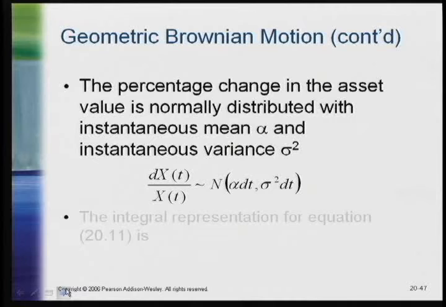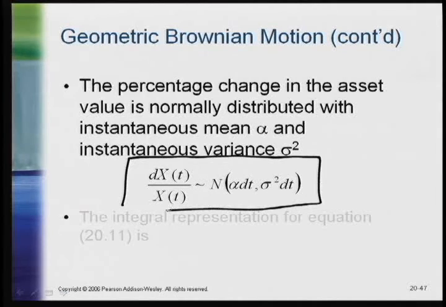Because we know that arithmetic Brownian motion is normally distributed, we can convert that earlier equation to observing that the ratio of dx to x, if we look at the ratio of how much x changed to its starting value at any point in time, is going to be normally distributed, with a mean and a variance that are proportional to the length of time.